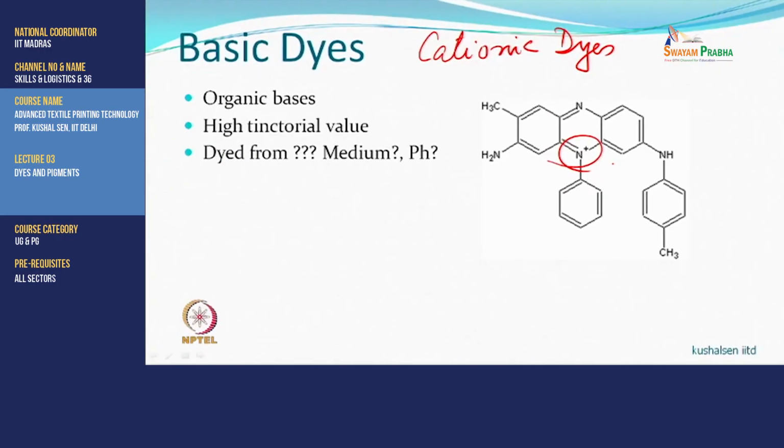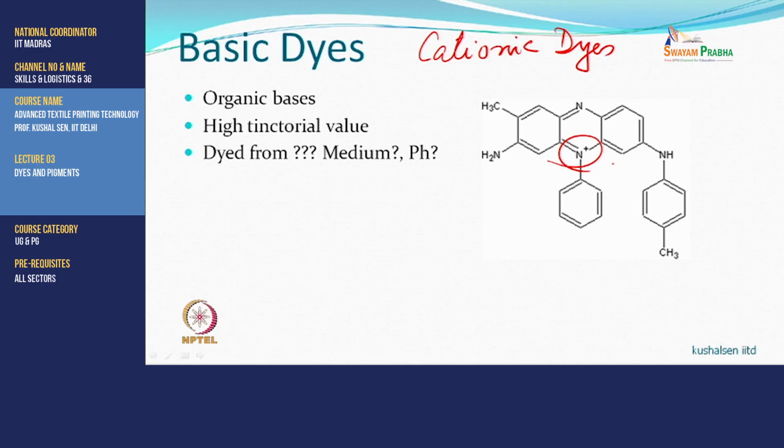A similar looking dye with a similar structure, which is an acid dye, after some change becomes a basic dye. The other structure obviously looks brighter. Its counterpart in the acid dye looks not so bright, a little duller compared to the bright one. So high tinctorial value. These are also dyed from aqueous medium.